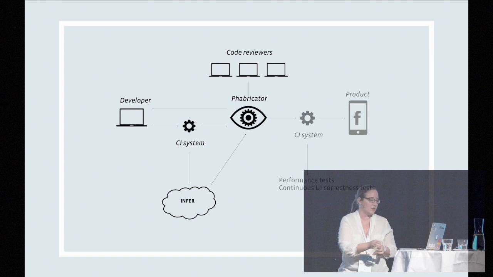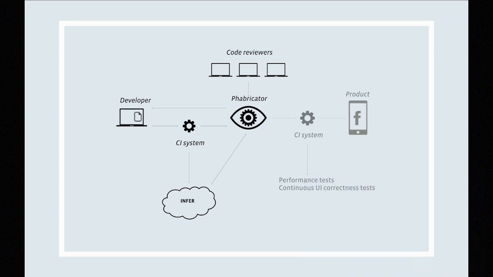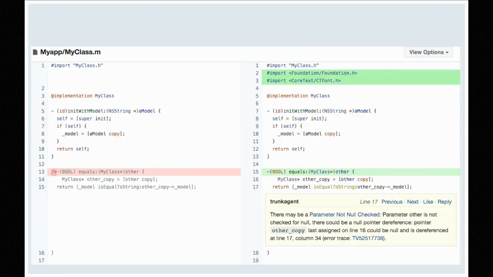So this is how the process works at Facebook when you submit some code. There's a CI, then Infer analyzes it, and the reviewers analyze it and say it's good or bad. If Infer finds some bug, it sends it as well. Phabricator is an open source tool for code review that we use.